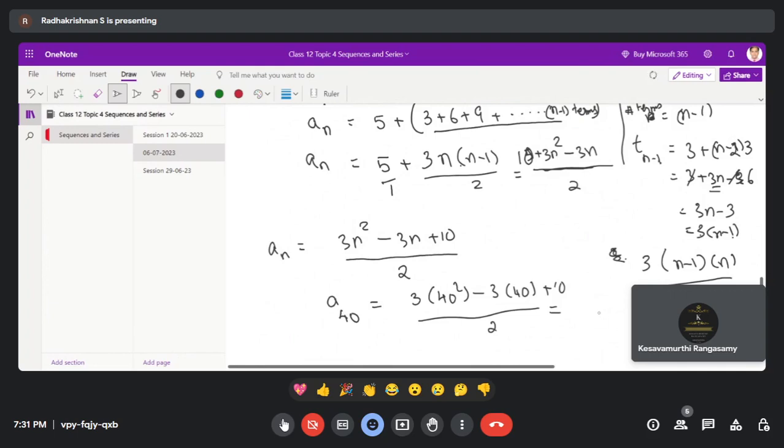Can you simplify this, somebody? I think A40 comes to 3 into 40.